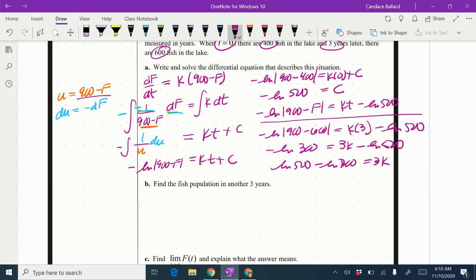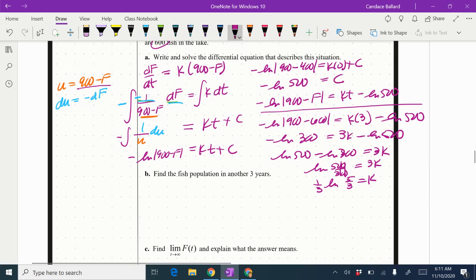I know that when I see subtraction in the log world, that becomes division. So I really get the natural log of 500 divided by 300, which is really the natural log of 5/3. And then I'm going to multiply by the 1/3. So I know that k is 1/3 the natural log of 5/3.